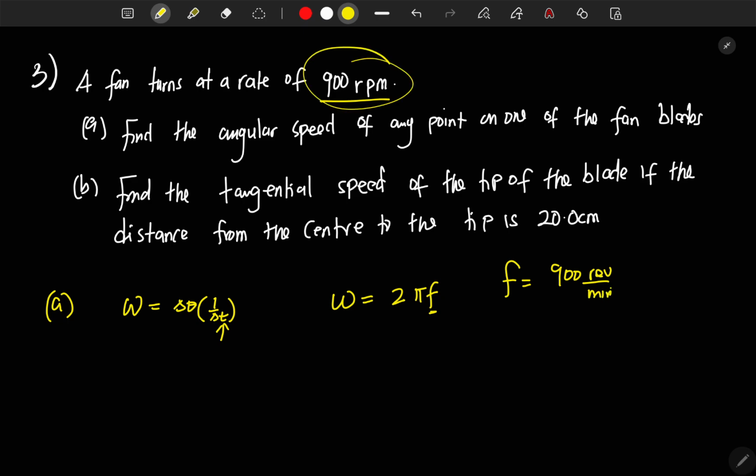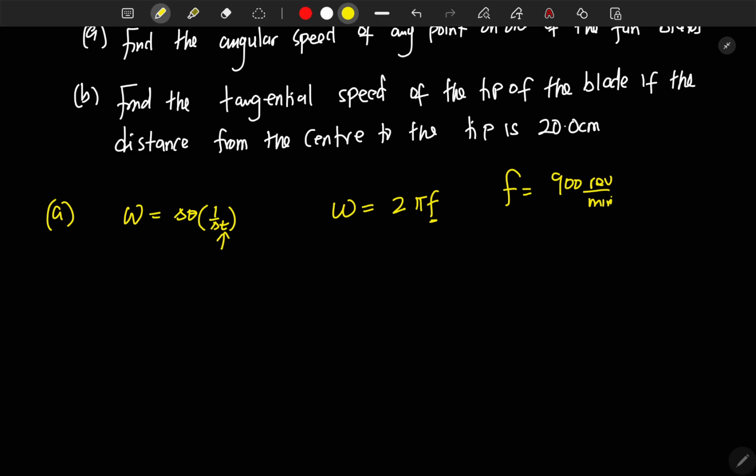Now that we know the frequency, if you want, we can convert this into seconds. We can do that because we can just substitute with 60. So we'll be getting 15 revolutions per second. So this is revolutions per second, right? I've just converted by dividing 60 into 900.